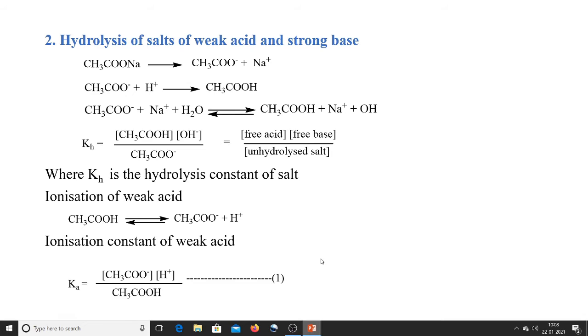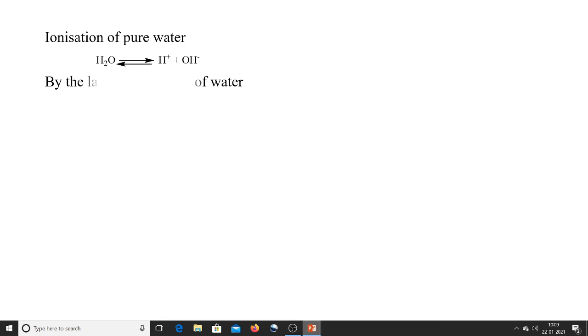Okay, so this is the equation number 1. Now ionization of pure water, H2O dissociate into H plus plus OH minus, and by using the law the ionic product of water we can write as Kw is equal to H plus into OH minus. Here the concentration of H2O is also taken as constant. So this is the equation number 2.